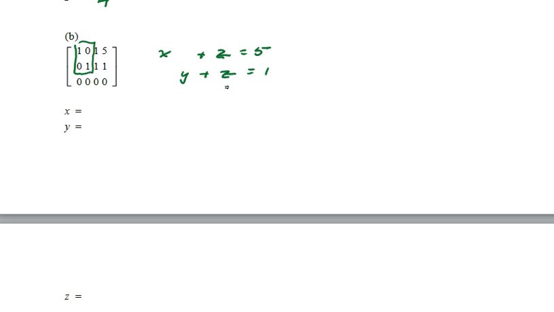In this case, z is our independent variable. We replace it with t so that we get y equals the opposite of t plus 1, and x equals the opposite of t plus 5.